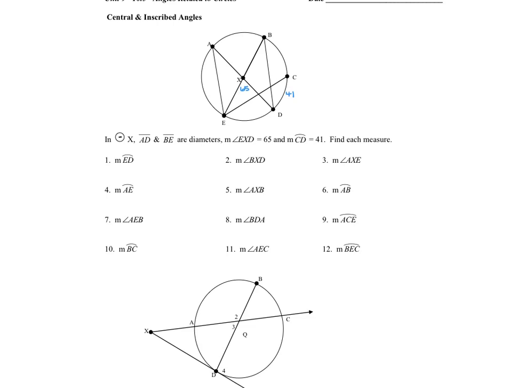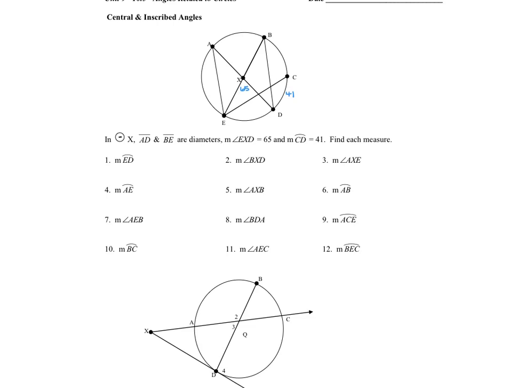So what I tend to do is just start looking at the diagram, looking for vertical angles and central angles and inscribed angles and angles who have their vertex on the circle and angles who have their vertex inside the circle and the sum of the measures of the angles of triangles and things like that until I mark up as much as I possibly can. And then I go back and start answering the questions. And if there's any left over after that, then I go back and answer those as well.